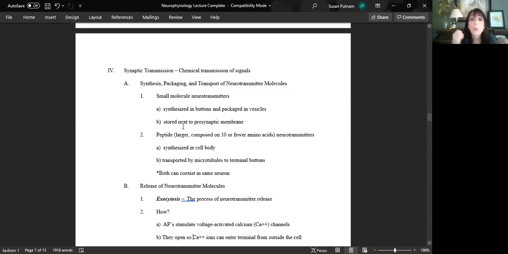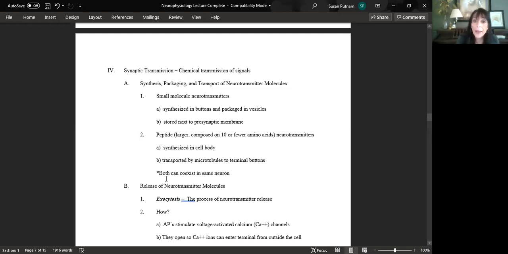And they're stored right next to that presynaptic membrane. So if you have your axon, this is your terminal button, okay? And here inside, you would have some of these vesicles waiting to just be released, okay?